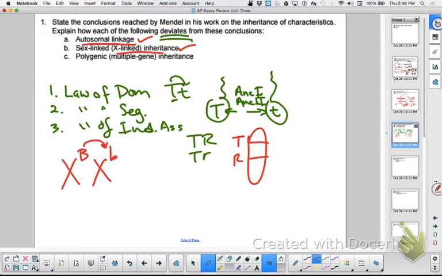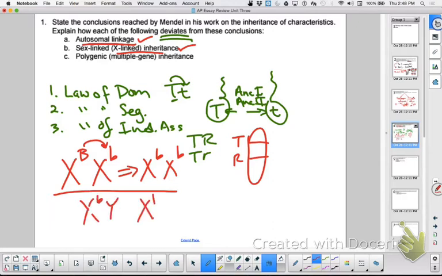Because in order for a woman to get a sex-linked disease, she has to get 2 of those, so both her mother and her father have to be able to contribute to that. But the law of dominance doesn't work for males because they will only get one type of X.